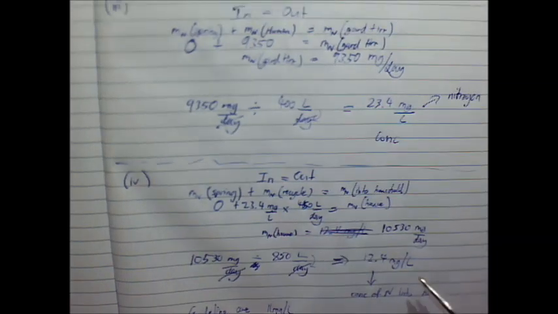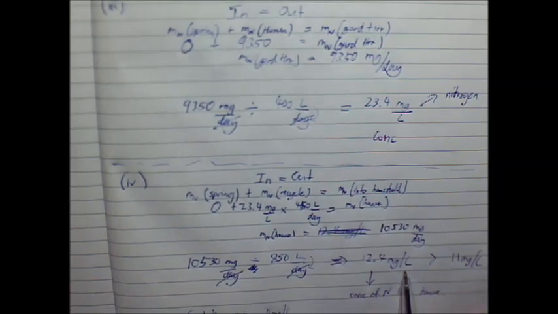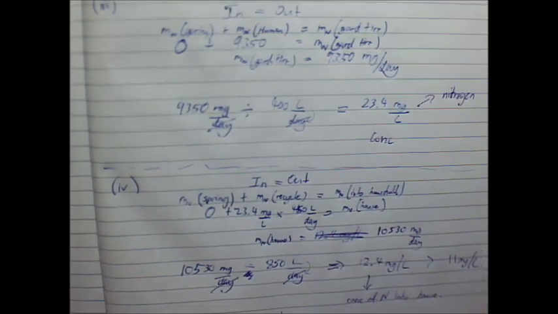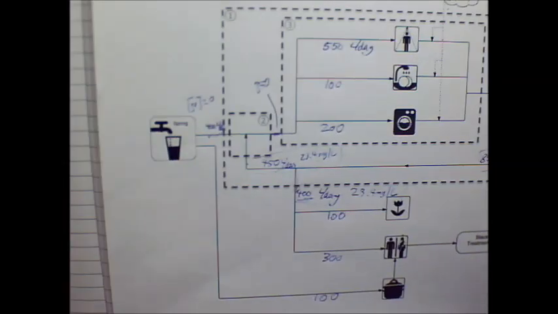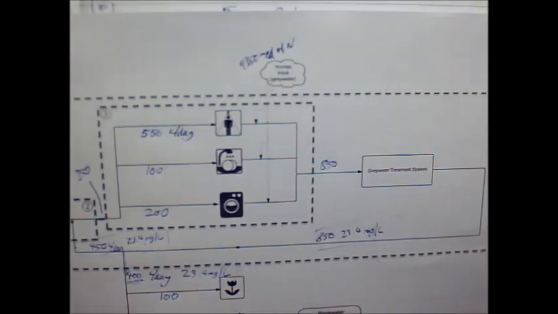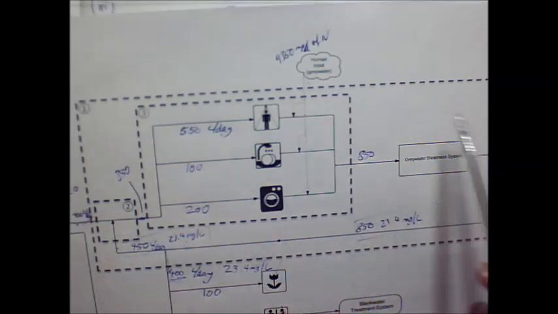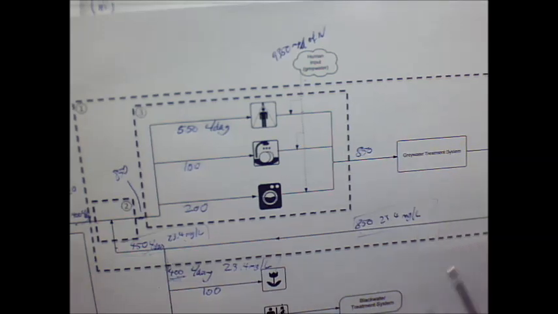So this number is greater than 11 milligrams per litre, and it would not be safe for the household to use because it's too high. That was the purpose of doing the mass balance. We found that if the grey water treatment system does not treat any of the grey water and does not remove any of the nitrogen, then there's going to be too much nitrogen in the household for us to use. So we do need to remove some nitrogen for the system to work.